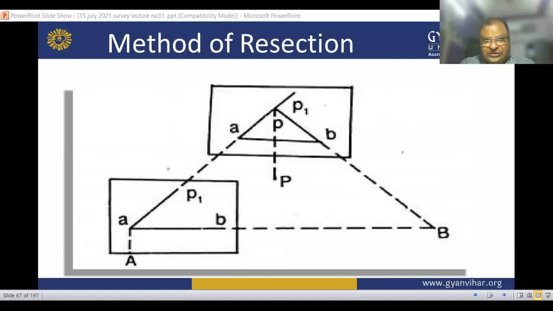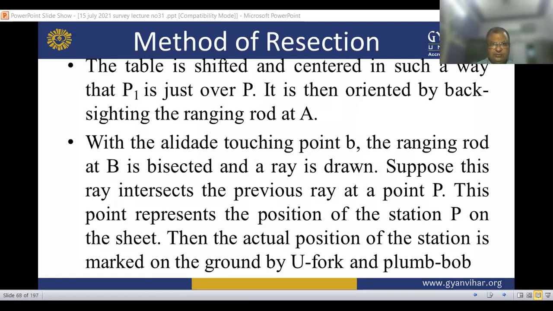This is the method of resection. The table is shifted to the station, in such a way that P1 is over P, and it is then oriented by back sighting the ranging rod at A. With the alidade touching point B, the ranging rod at B is bisected and the ray drawn.